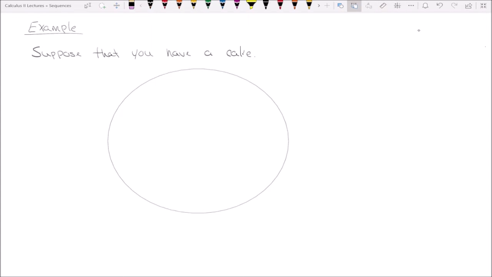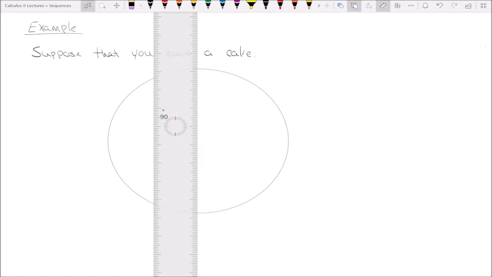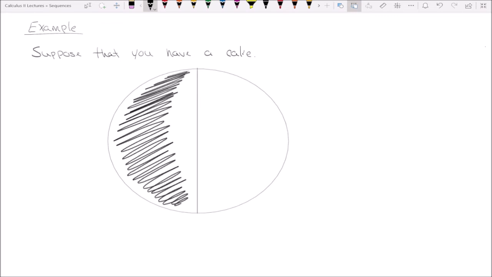Oh, not quite. That looks better. And so we'll shade this in to represent that we ate half the cake.